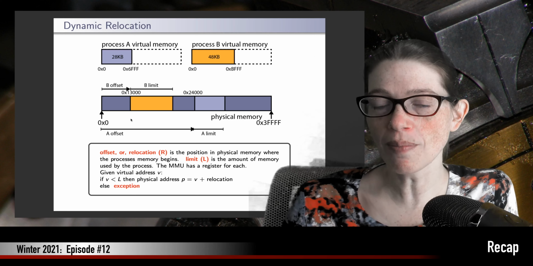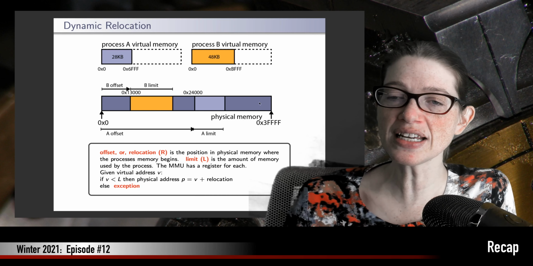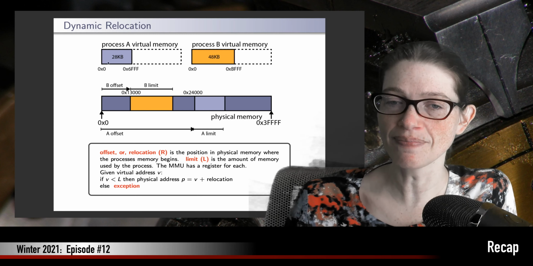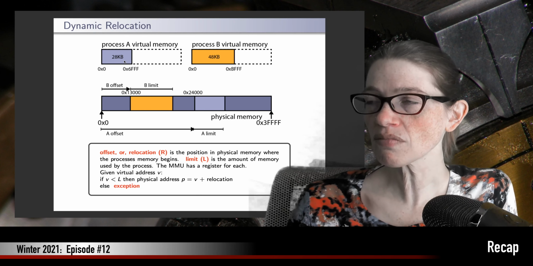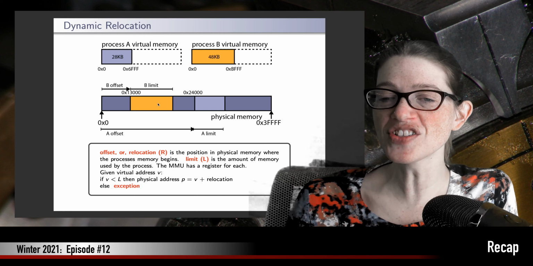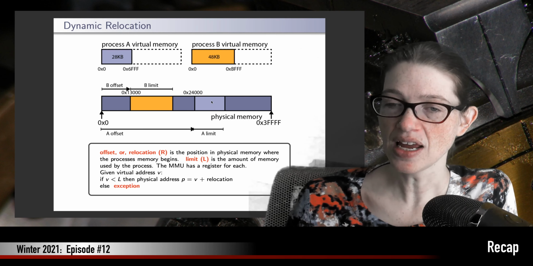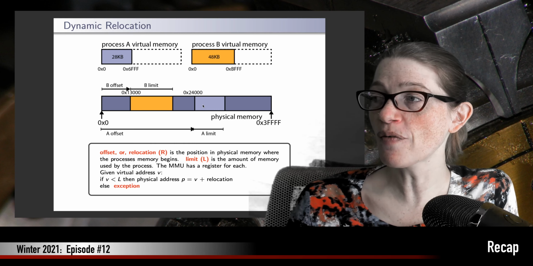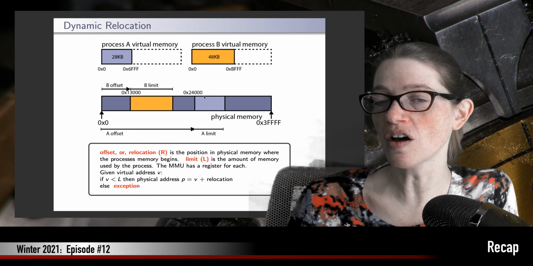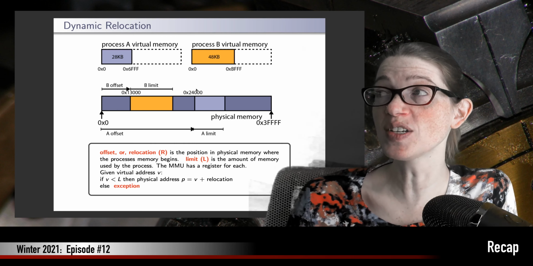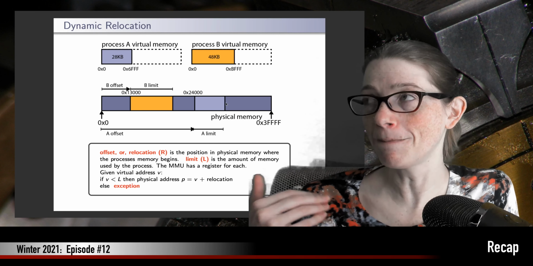So all that dynamic relocation did, if you remember, was you have a contiguously allocated address space in virtual memory, and we are going to find an equal-sized contiguous block of physical memory and map this to that. And so for each process, we store an offset, which is where this address space starts in physical memory, and a limit, which is how big it is.